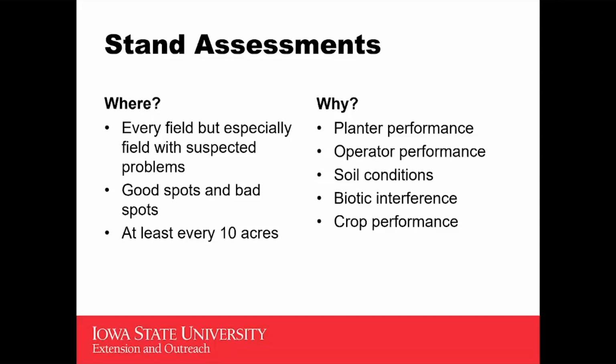Do we have insects that are eating the seed or cutting those seminal and radicle roots, or even clipping the mesocotyl or the shoot? Do we have seedling disease pressure that's causing plants not to have the same vigor, or possibly even killing the plant or the seed? And then the last one there is really looking at crop performance.